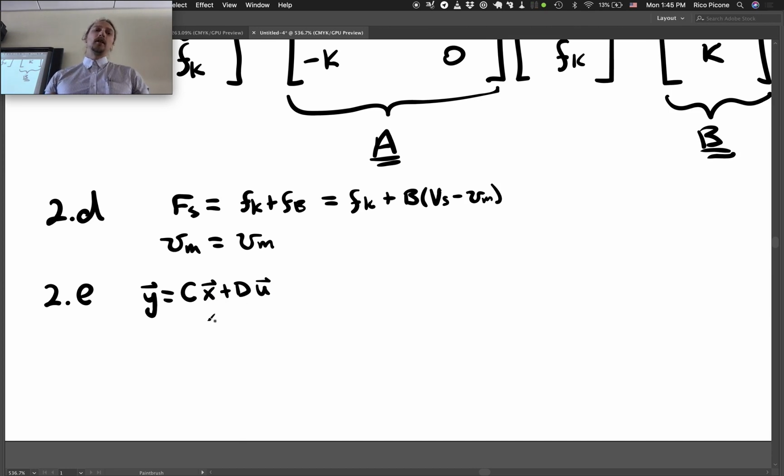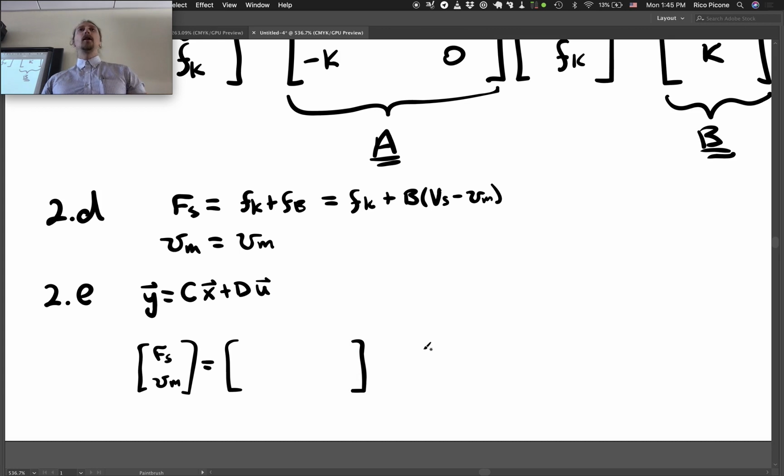So our output here we could write as Fs, Vm equals, the C matrix has got to be 2 by something because it's come out with a 2 vector, and x is 2, so it happens to be a 2 by 2.